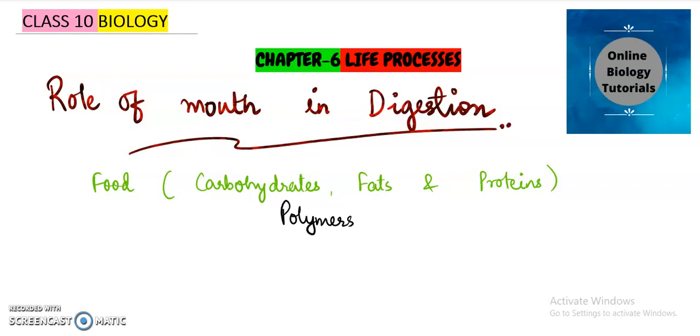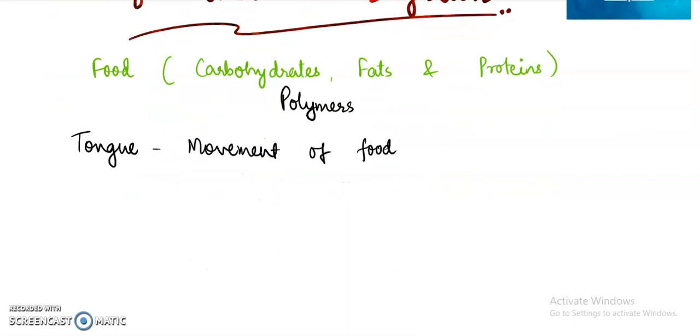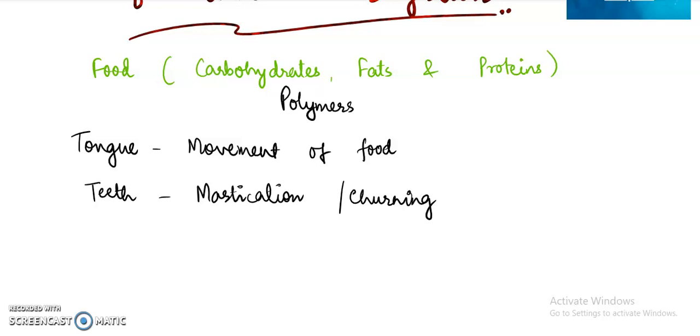Now, as you put food in your mouth, your tongue basically helps in the movement of the food. Movement of the food brings the food under your teeth. What is the role of teeth in your mouth? Teeth help in mastication. Mastication means they help you in churning. So when you are eating the food, actually you are churning the food.